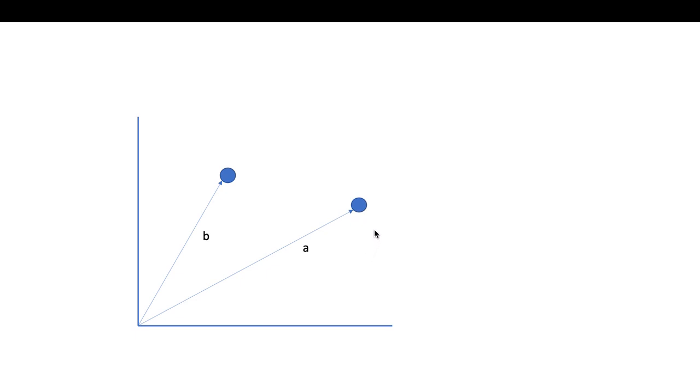In that case, if these are the two vectors a and b, then the vector a minus b is given by this one, this vector c. That is a vector from b to a, which is actually a minus b.